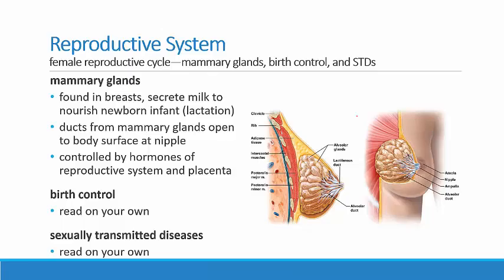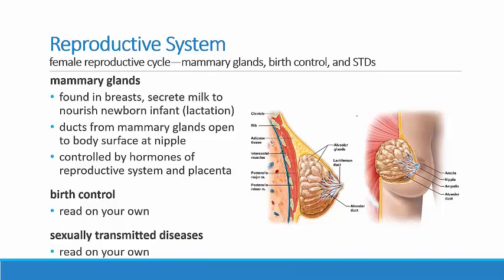Their job is to secrete milk that will nourish the newborn infant. Milk is a liquid that's very rich in protein, sugar, and fat. So it's got all the nutrients required for a developing baby to develop well and properly.